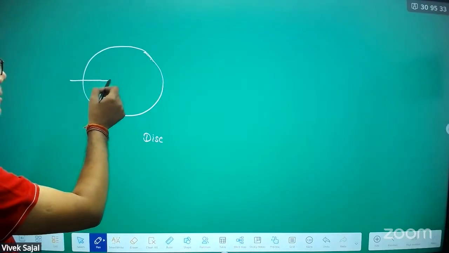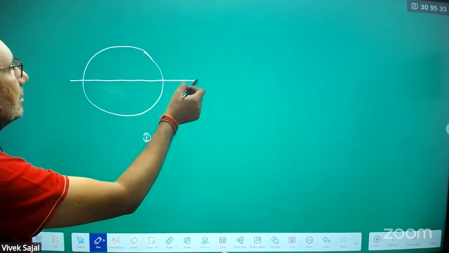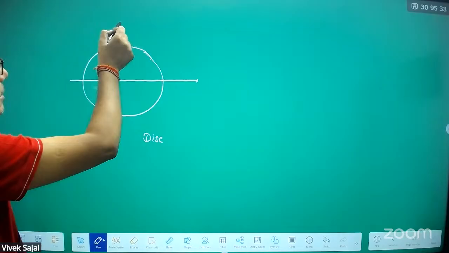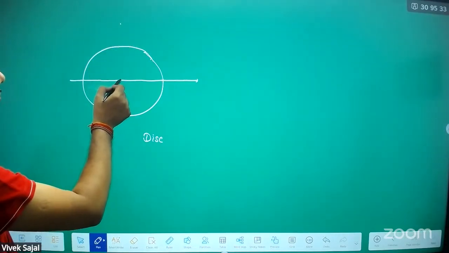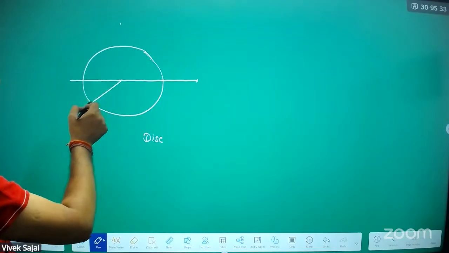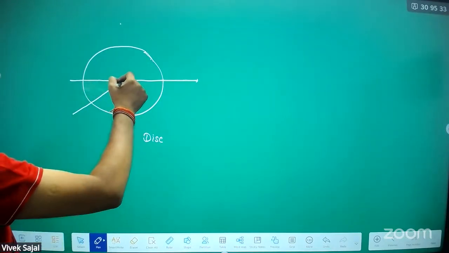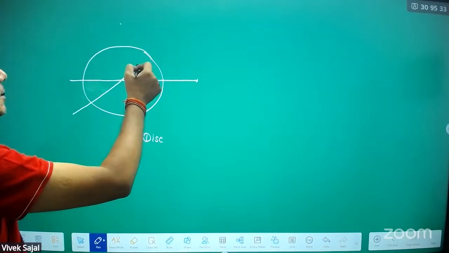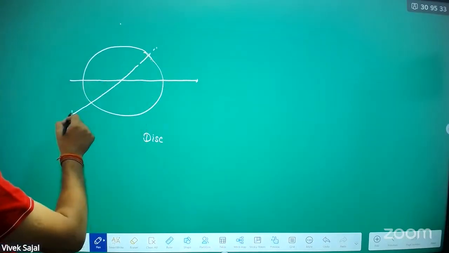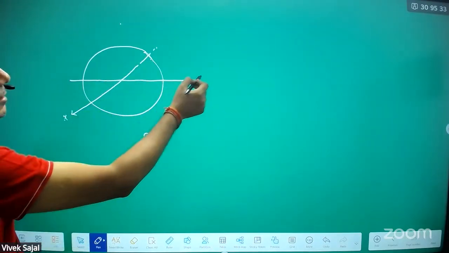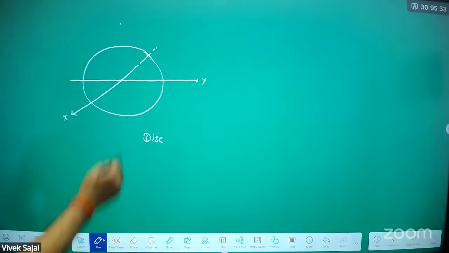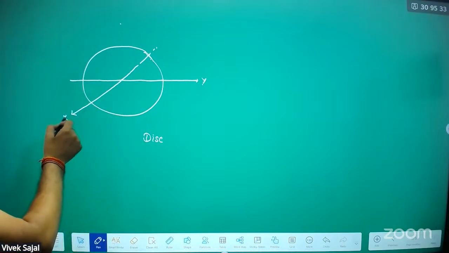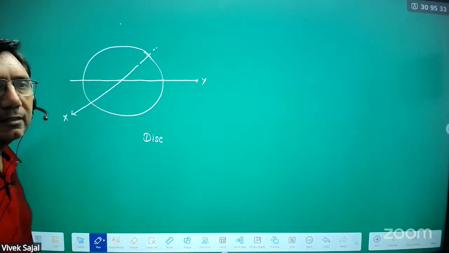One of the perpendicular axes is this, and the second one is this. They are perpendicular to each other. This is x, suppose this is y. They are at 90 degrees. One is the x-axis, another is the y-axis.